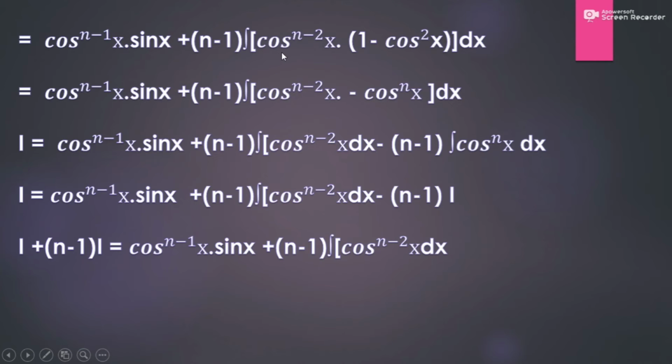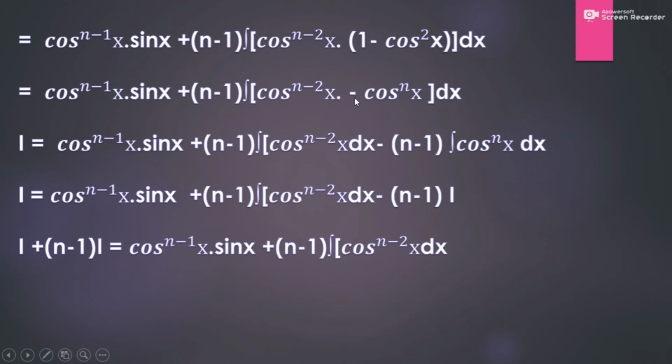Then cos^(n-2)x into cos²x. Then we have to add these two powers, n minus 2 plus 2. Minus 2 plus 2 get cancelled, so we will get cos^n x dx.